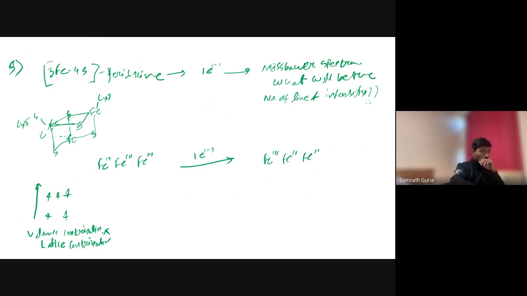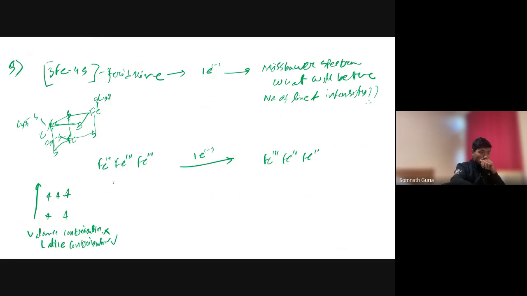Okay, and this is the isomer shift. Lattice contribution will be there because of 4 different atoms, as each sulfur binds with the cysteine. So all the iron are in 3.